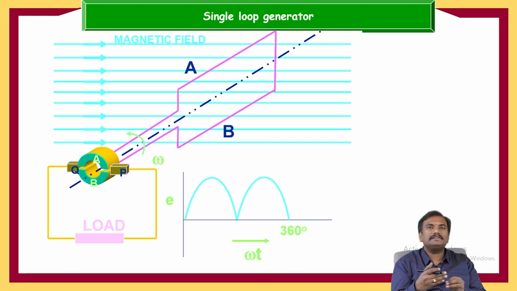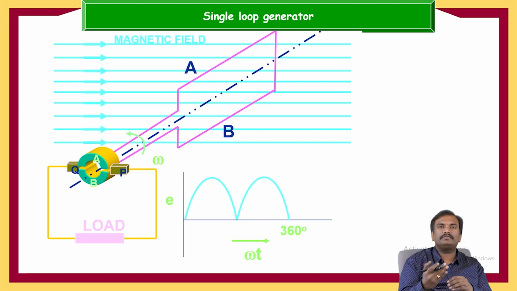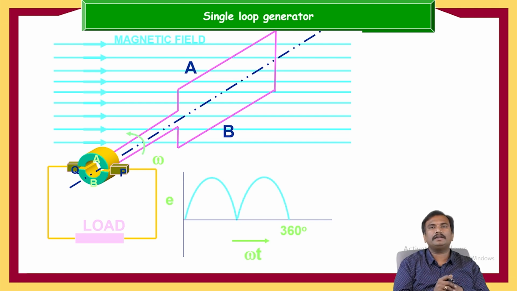When a number of slip rings are connected together, they form a commutator. What is the function of the commutator? It converts the AC generated in the DC machine into DC.